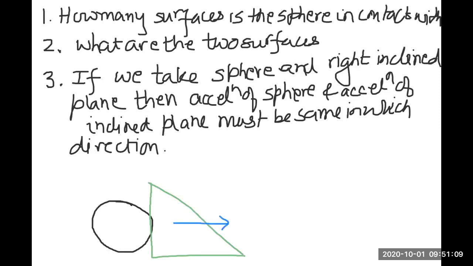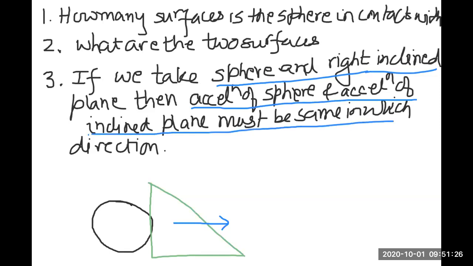Moving doesn't even matter, we will look at motion later. So if we take the sphere and the right incline, then the acceleration of the sphere and the acceleration of the inclined plane must be the same in which direction?